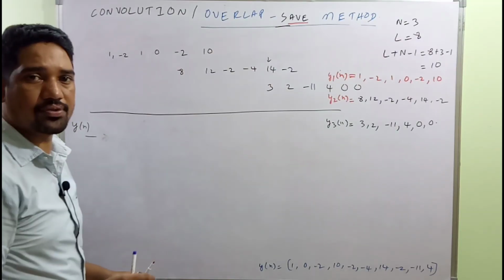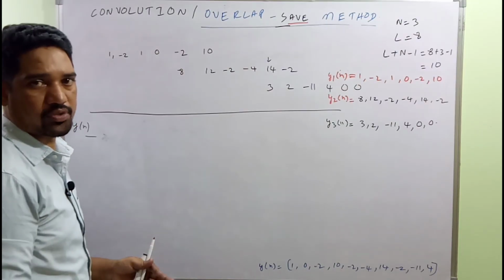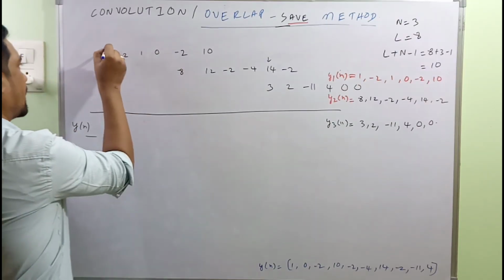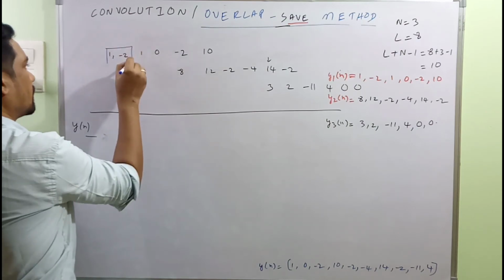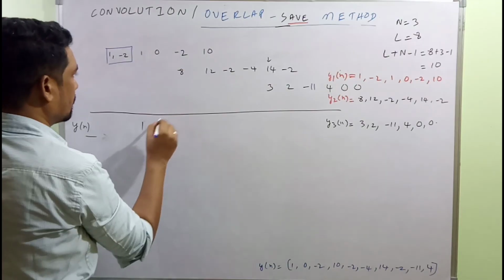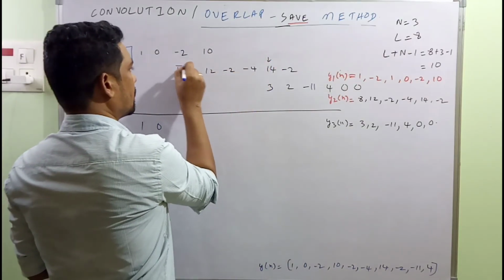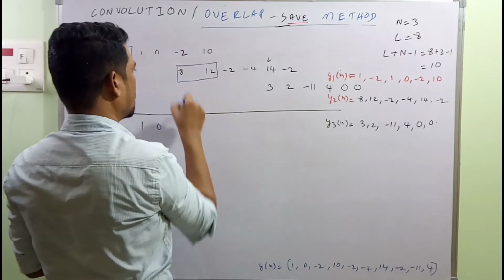Now here, how many zeros were padded? 2 zeros, padded at the beginning, right? We need to discard these 2 at the beginning of the sequence. This comes down as it is, 1 0, no adding, okay? We are not adding, so we need to discard these 2 also, and these 2 come down as it is.